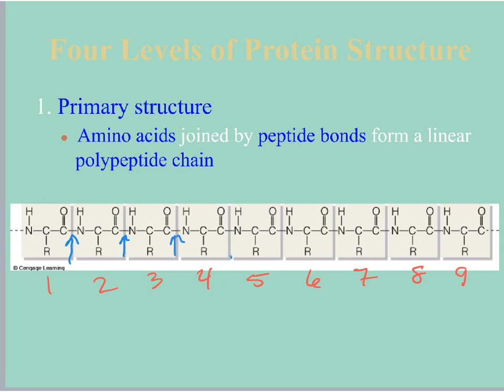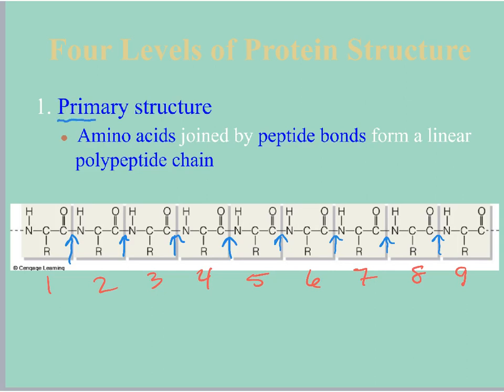So at this point, this molecule is larger than the dipeptide, right? But it's becoming a little bit more complex. It's still in a chain though. It's not long enough for the molecules to start folding back on itself and creating a complex structure.